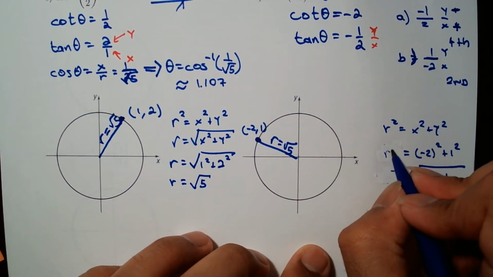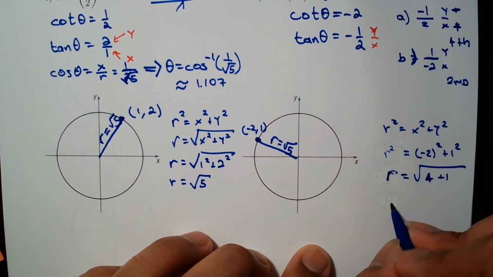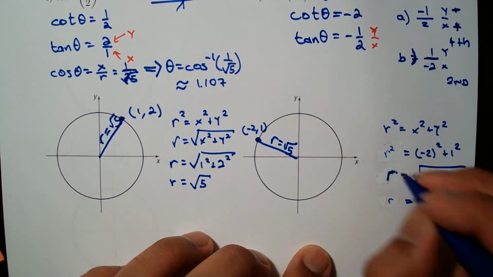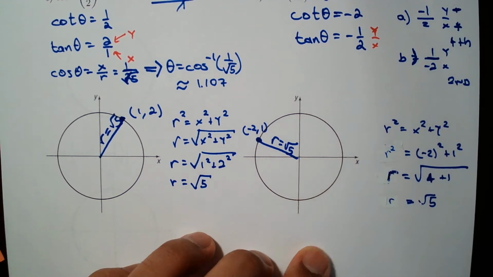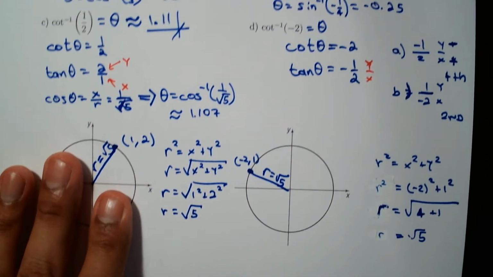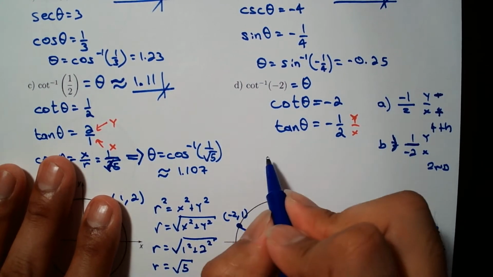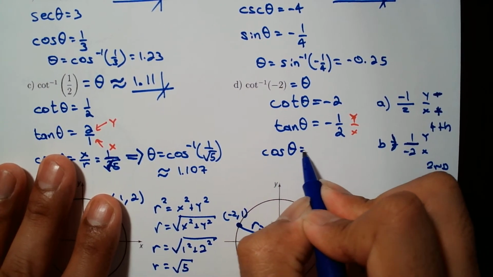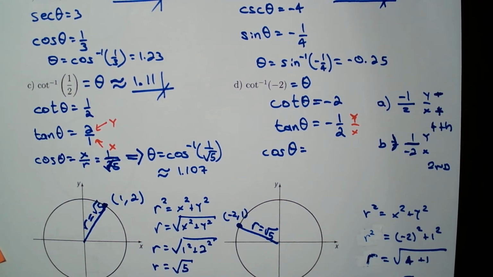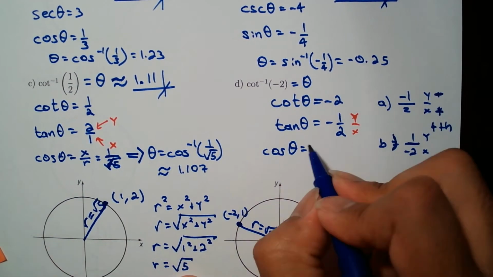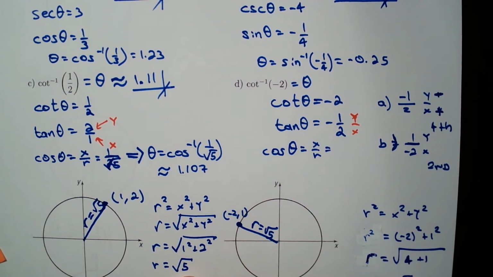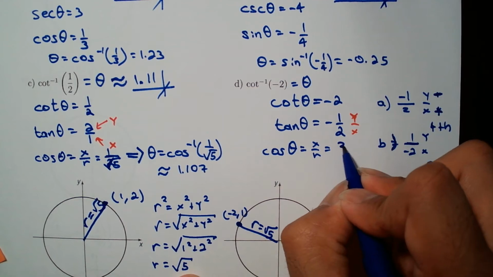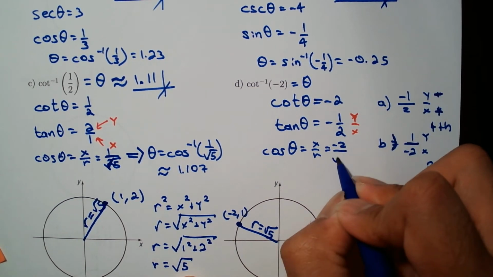So that's r squared, r, and r. All right. So that's square root of 5 again. So in this case, we need to change this to cosine of theta, which by definition is x over r, which is the x value of -2 over r, which is root of 5.